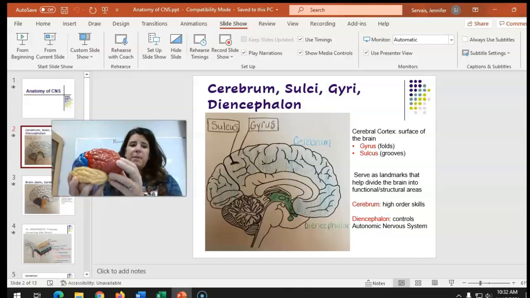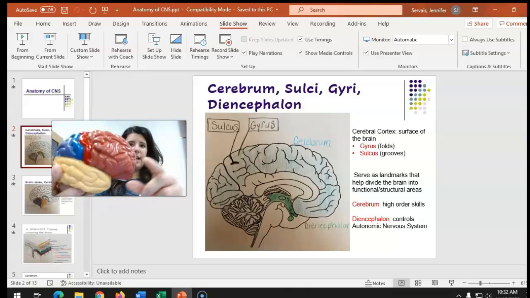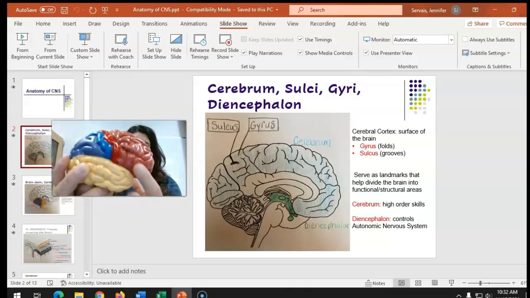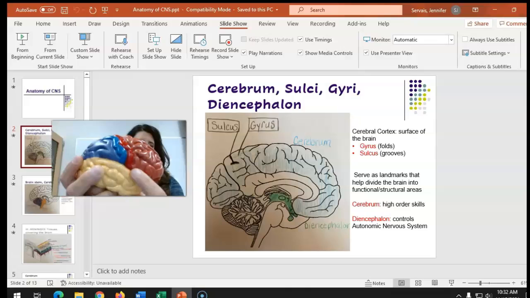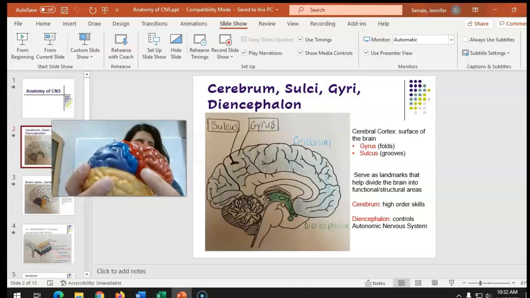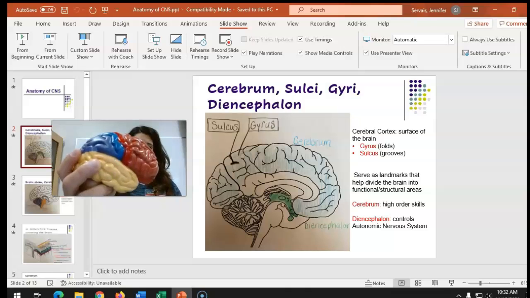It is going to be made of folds and grooves, and you can see that up close a little bit. The puffy parts are the folds, which are called the gyrus, or the gyri for plural. And then all of the little grooves in between the folds are called the sulcus, or the sulci. These serve as landmarks that help divide the brain into functional and structural areas.